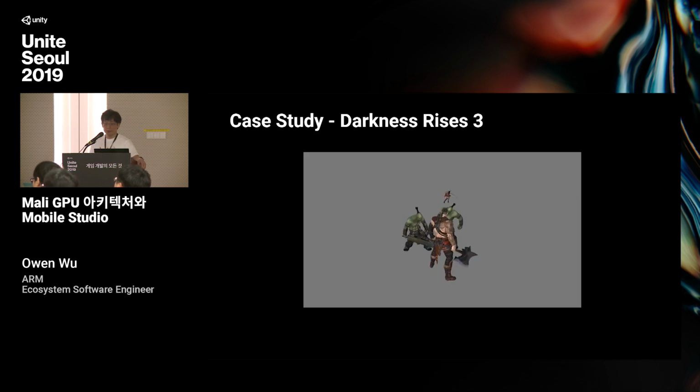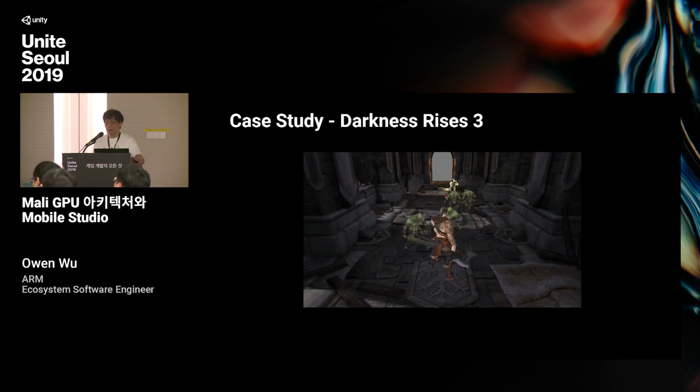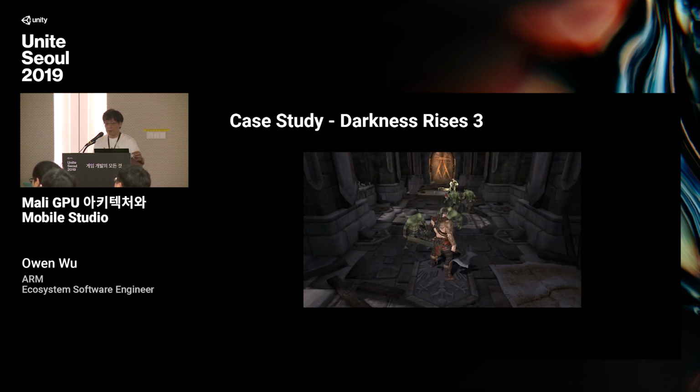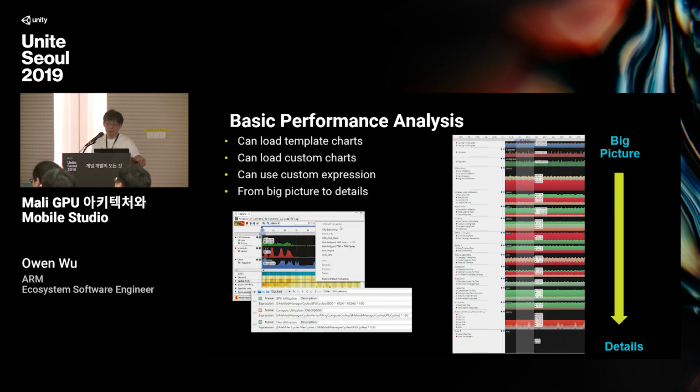This is the frame rendering step by step that I captured using Graphics Analyzer, and I collected the counters from this screen. You can see it's basically rendered from front to back. So that's good. Besides collecting hardware counters from the GPU, Streamline also has a few features that can help you analyze the data quickly.